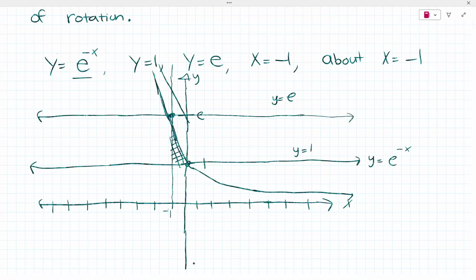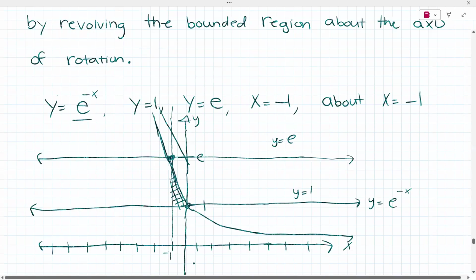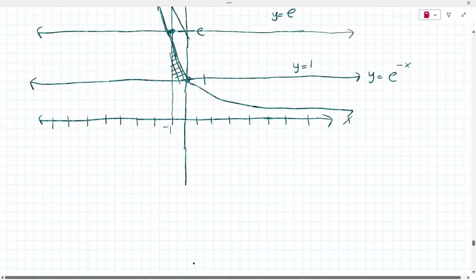Okay, so this is the area that we care about. And if we're going to revolve it about x equals -1, here, let me draw a better image. So it should look like this.